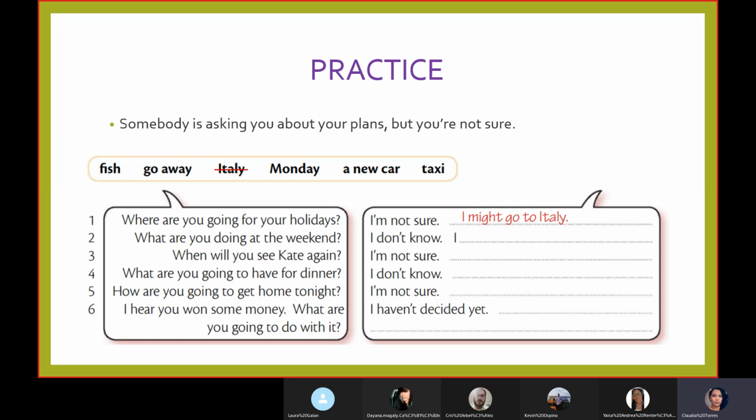I might go to the supermarket. I might bake a cake. I might ride a bike. I don't know, right? So try to use these questions to answer using might. Remember, you can also use may if you want.